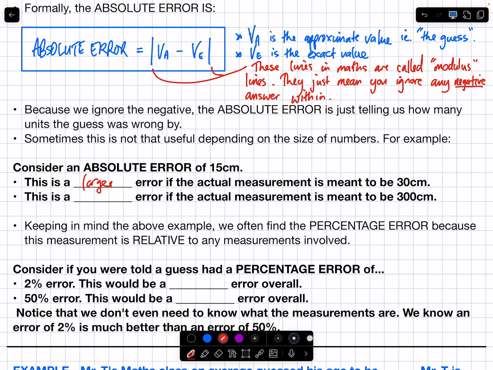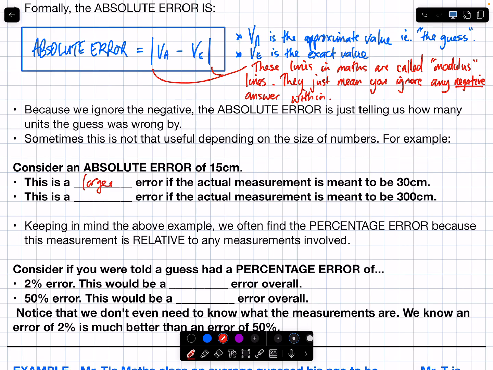But if the measurement was meant to be 300 centimeters, is that still a large error? No? Yes. I'm supposed to be guessing something that's like this long. If I hurt myself, you can laugh, that's fine. This is 3 meters. And my mistake was 15. How much of this is 15? Only like a hand's width.